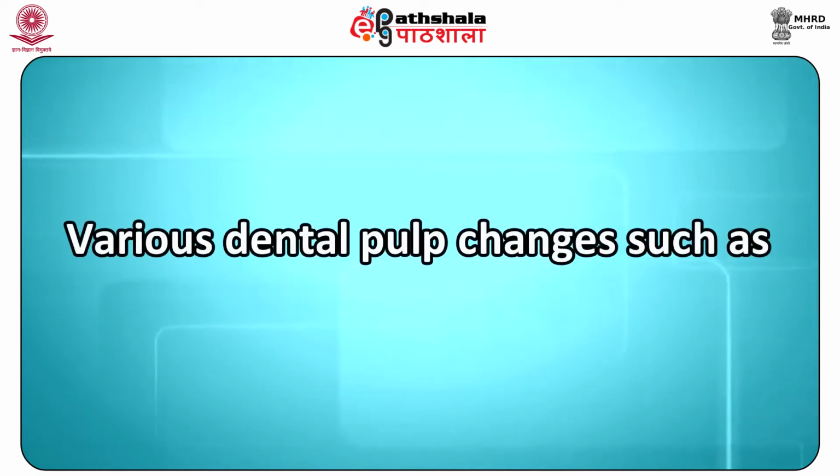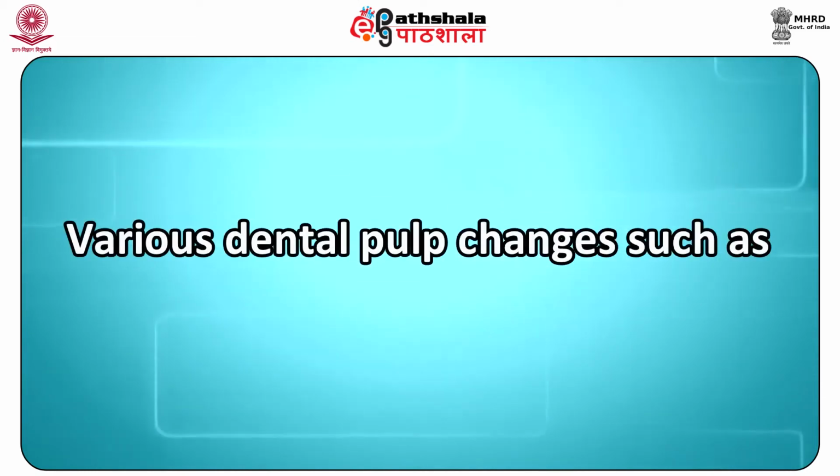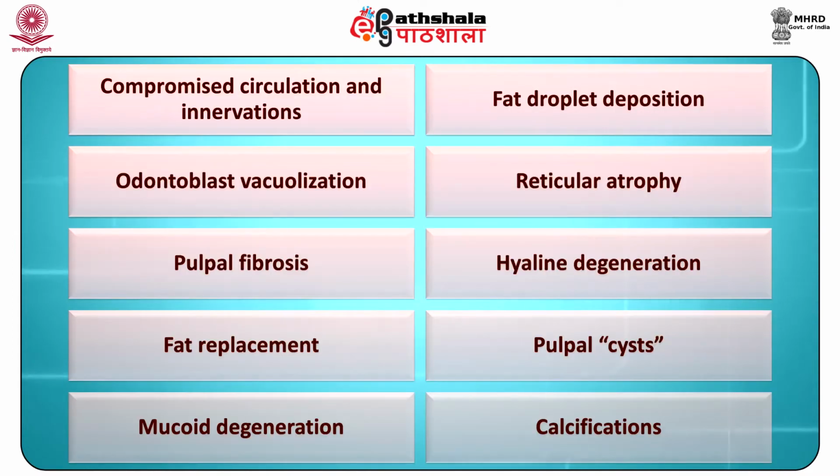Then the dental pulp goes through several changes, such as compromised circulation and innervation, fat droplet deposition, odontoblast vacuolization, reticular atrophy, pulpal fibrosis, hyaline degeneration, fat replacement, pulpal cysts, mucoid degeneration and calcification.